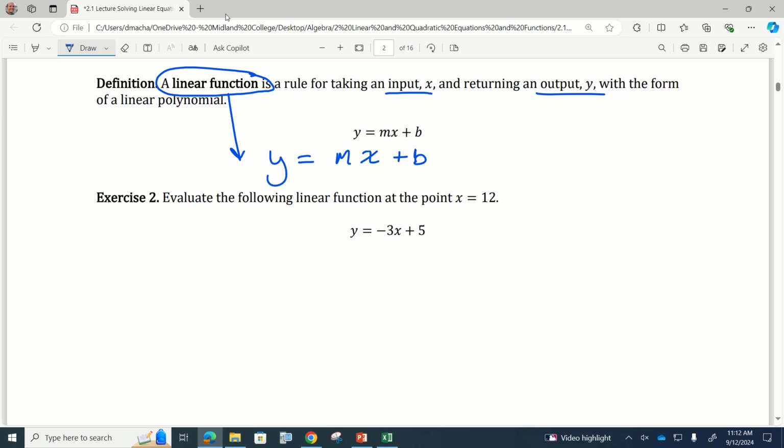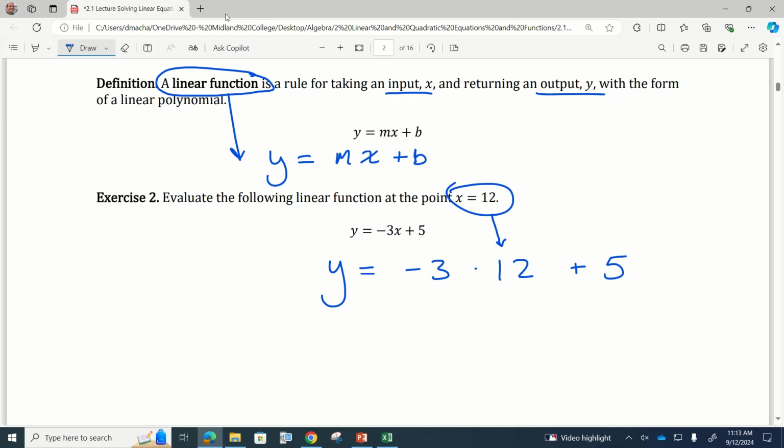So if I tell you to evaluate the following function, I'm telling you find the value y that you get as an output if I give you a specific input. So this time my input is the number 12, and this is what it looks like to evaluate the function. Evaluate the function means you plug in the input value 12, where you see the x in your function.